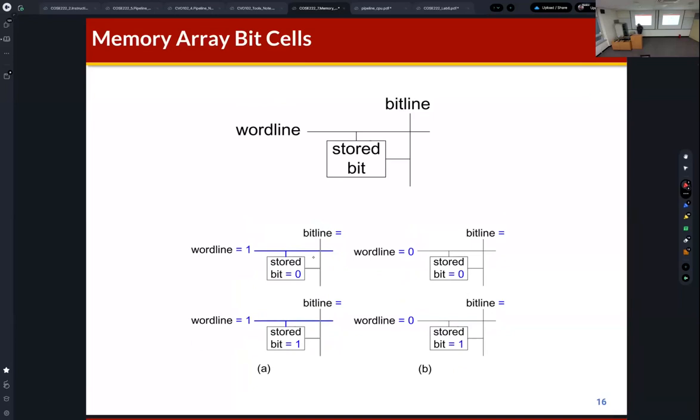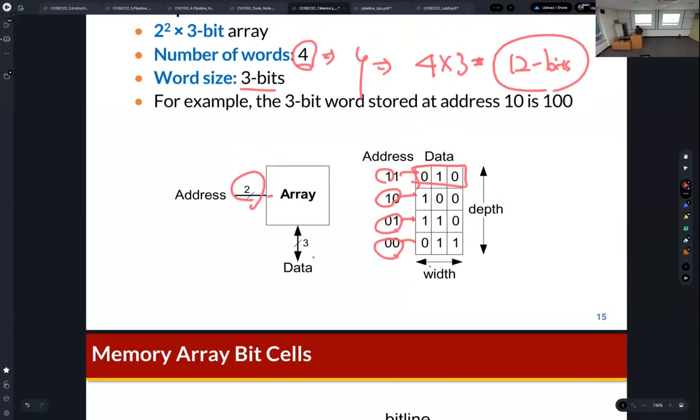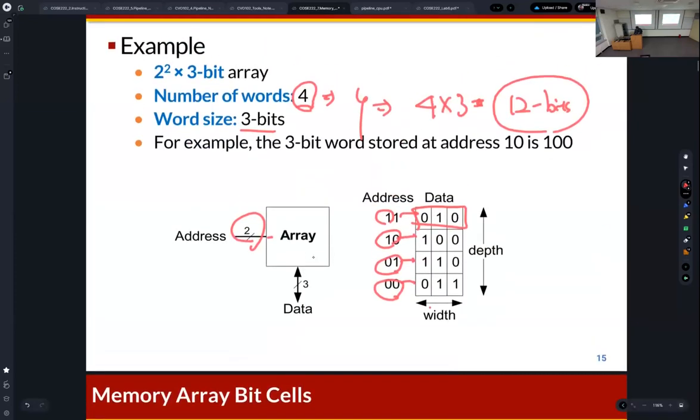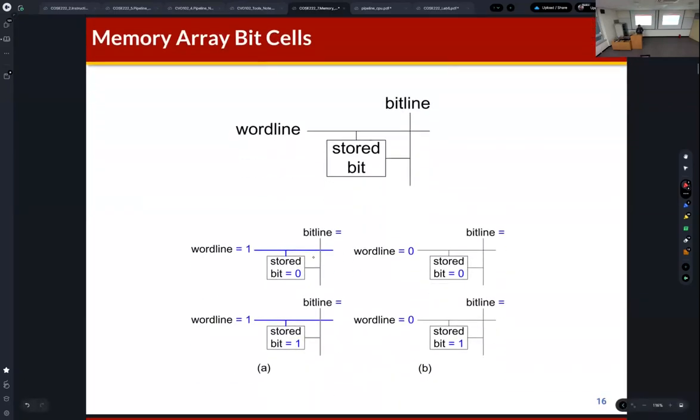Actually, in the memory device, each element is called a word. This word is different from the data size word.